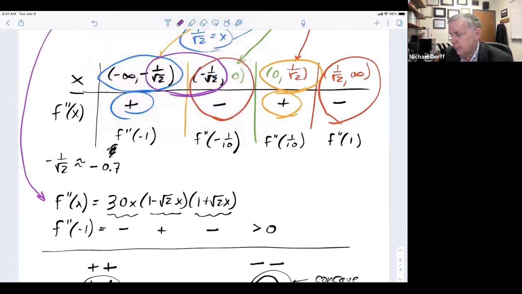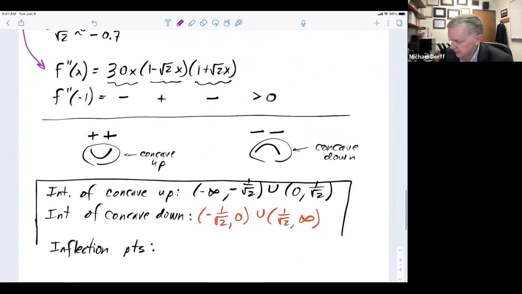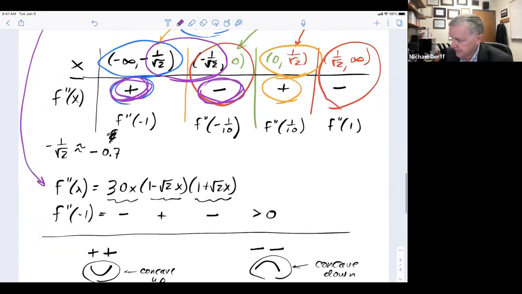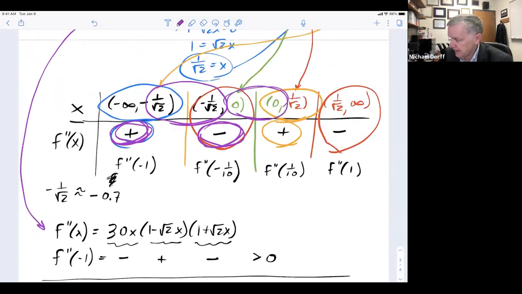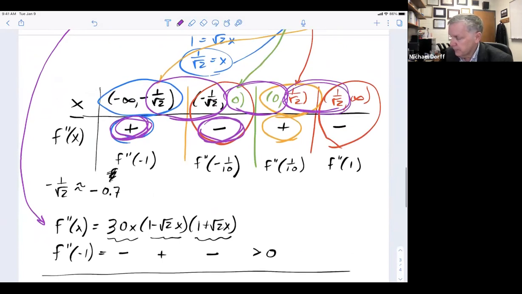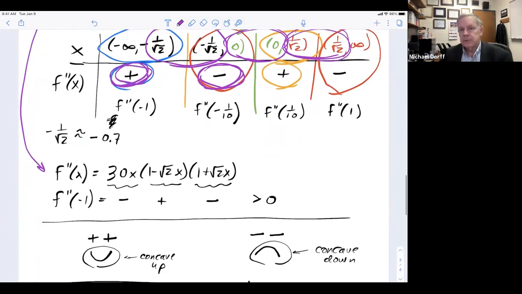At negative 1 over square root of 2, it changes from negative to positive, so concave up to concave down. And so we have x equals negative 1 over square root of 2. Likewise, I have that at 0 and at 1 over square root of 2, because in each case, the second derivative changes from plus to minus or minus to plus.